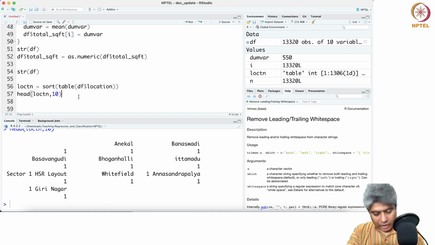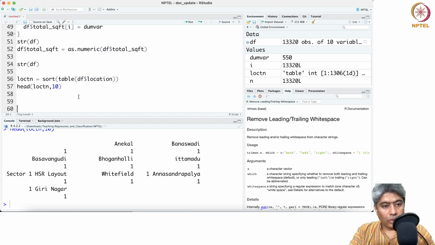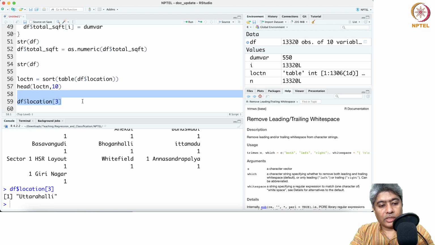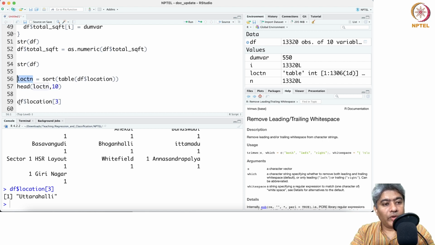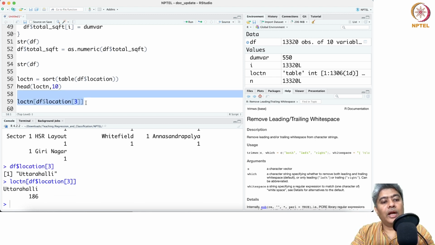So how can we do that? Let's take one particular location, say the third case, which is Uttarahalli. This is the name of the case. In the location table, if I put that in, it gives 186.